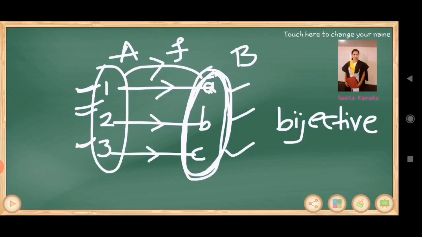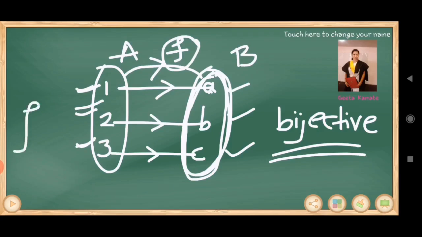Now whenever this function is bijective, students, we say that the inverse of this function f exists, and we write that symbolically as f inverse. It is a function from B to A. See here, 1 is related to A, means in the f inverse function A is related to 1.